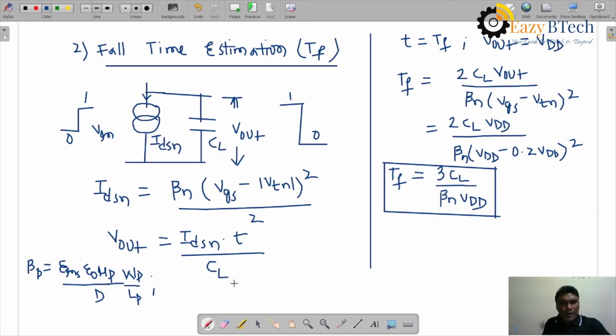This is beta P. Beta N is the same, instead of P we place N type: epsilon insulation, epsilon naught mu N by D into Wn by length N type. So this is the CMOS formal estimation of rise time and fall time.